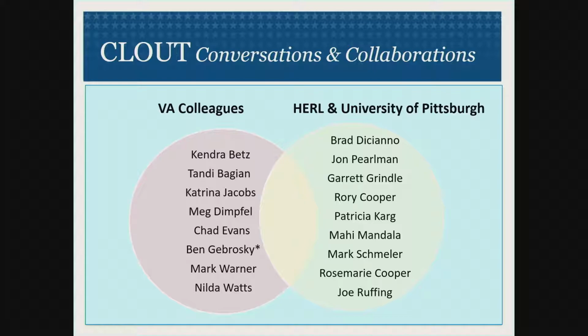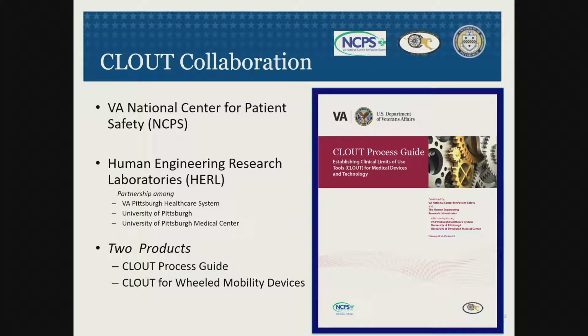So I won't go through all of them, but I sincerely appreciate the collaboration with all of these people that are listed. We, at the National Center for Patient Safety, where I work, that's based in Ann Arbor, Michigan, with a VA National Program Office, entered into a partnership with the Human Engineering Research Laboratories with the University of Pittsburgh in kind of just a collaborative project.